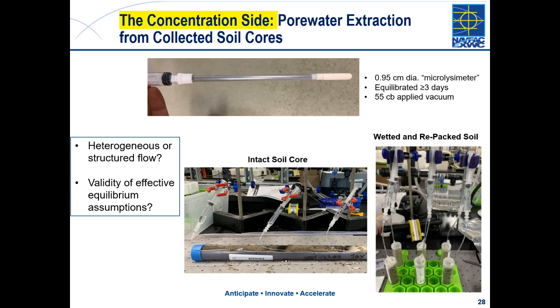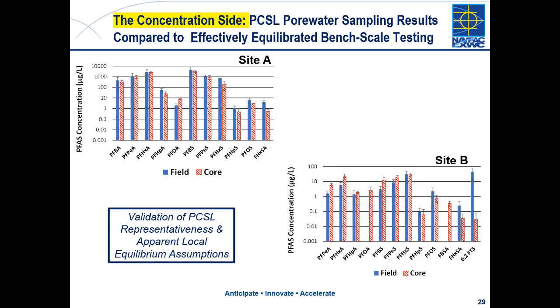So moving to the next slide, slide 29, we went out to several sites and basically compared the PFAS concentrations we measured in situ in the field in pore water. That's the blue bars here, and the red hatch bars are what we measured in the pore water in the soil sample we came back with, using those micro lysimeters.